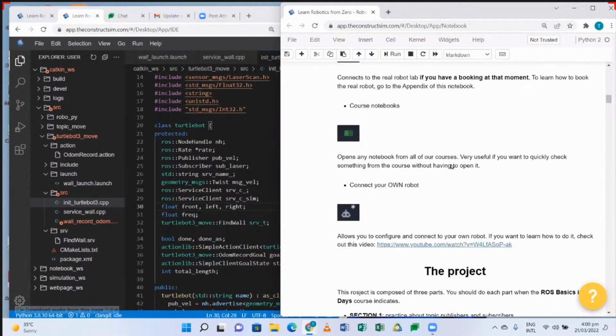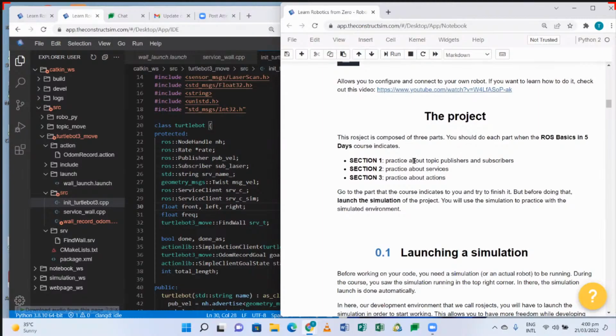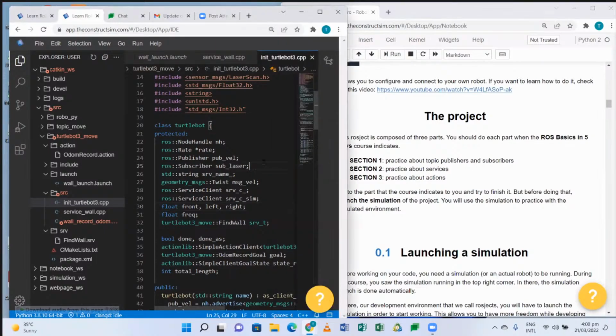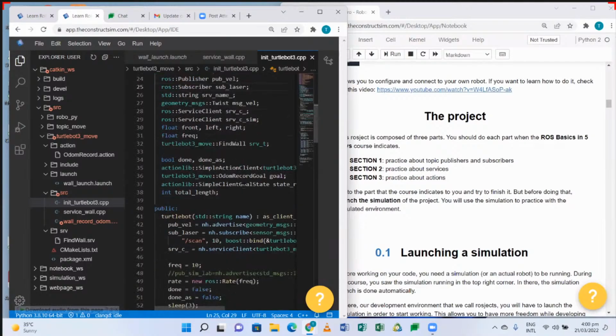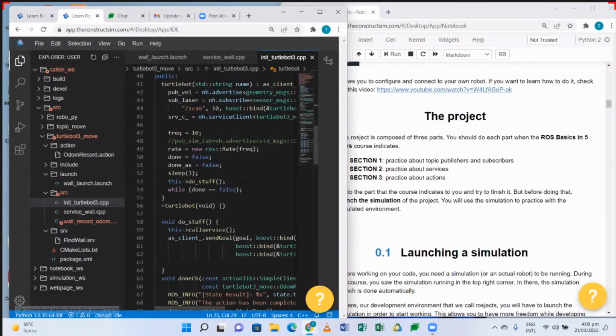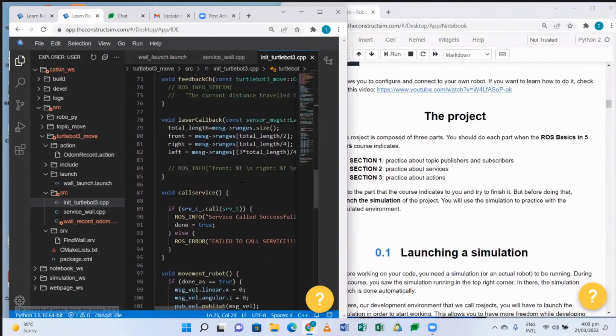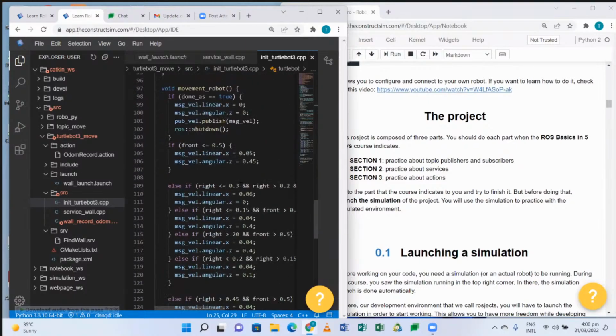The project consists of three sections. Section one is practice with topic publishers and subscribers. Here we are subscribing to the laser topic, and we are publishing the velocity values, linear.x and angular.z, for the differential drive. And here is the structure for the movement of the robot.